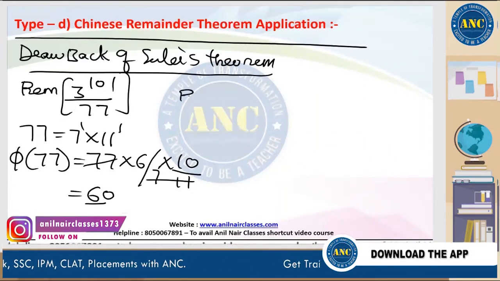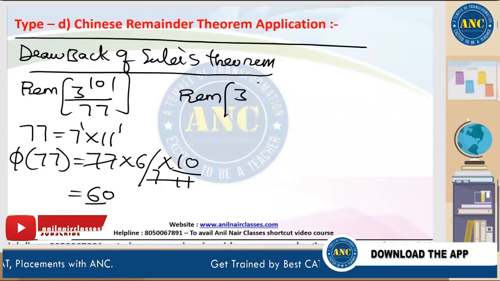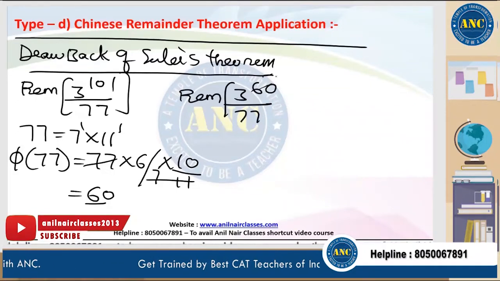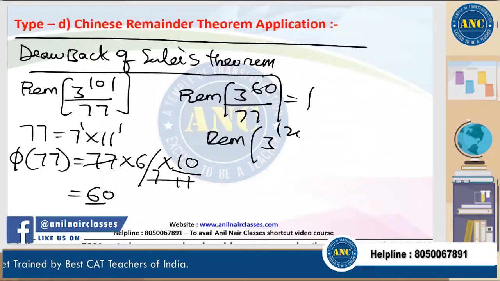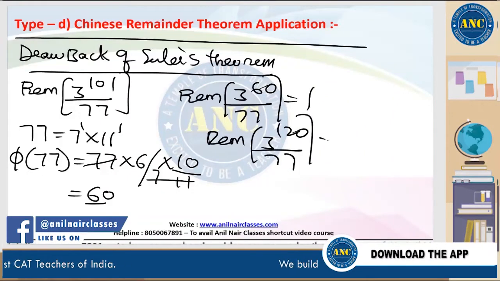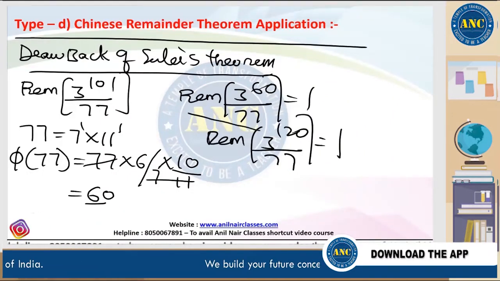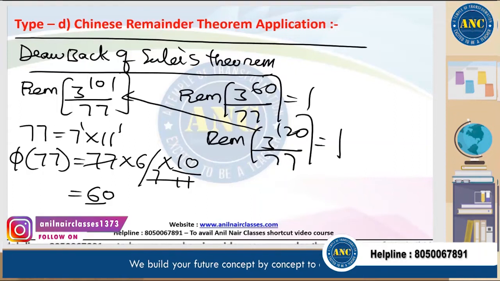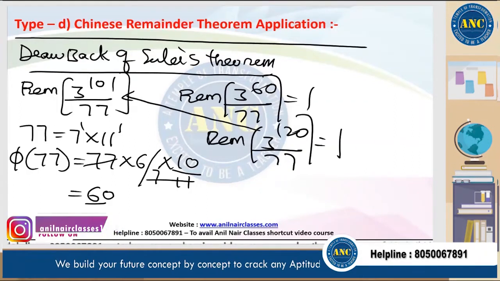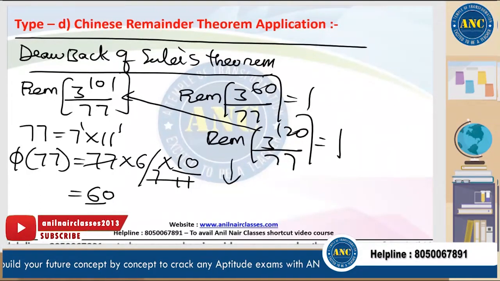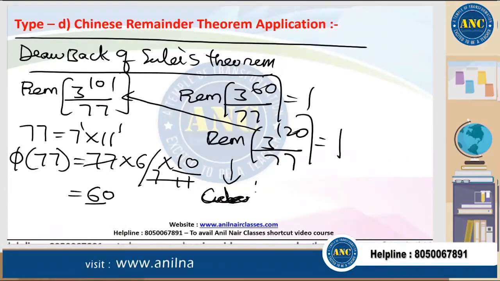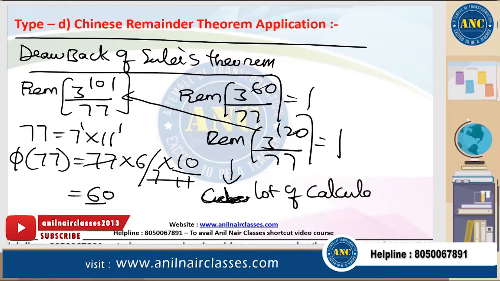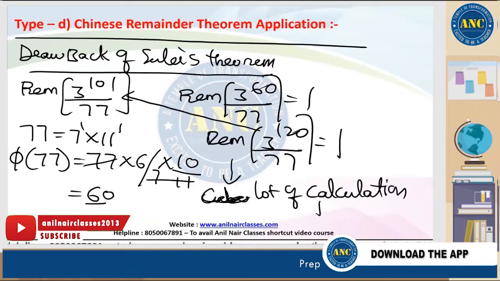So remainder 1. 3 power 60 by 77 is 1, or remainder 1. 3 power 120 by 77 is 1. But I want 3 power 101. 19 steps I have to go back, which will take a longer method. A lot of calculation time will be there.